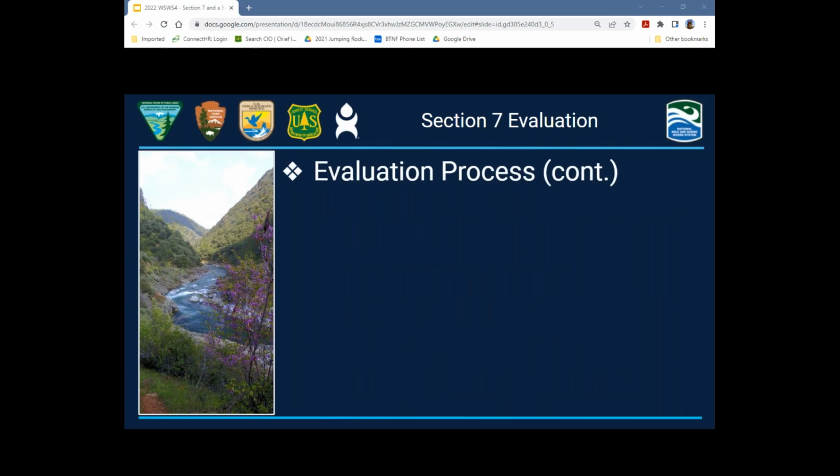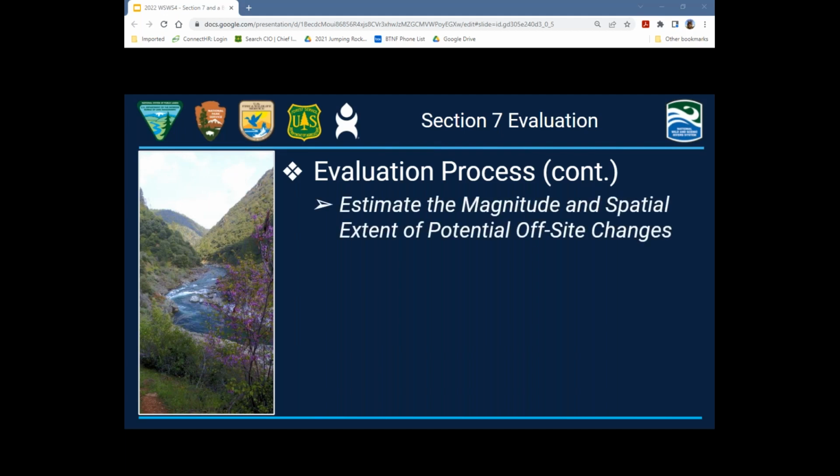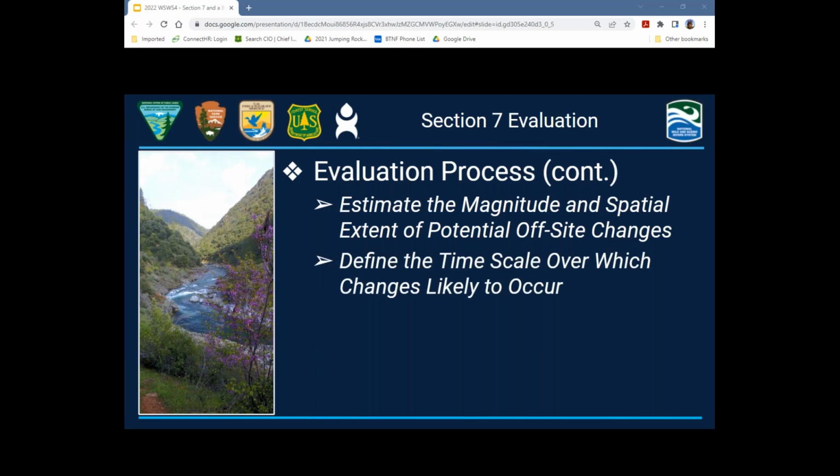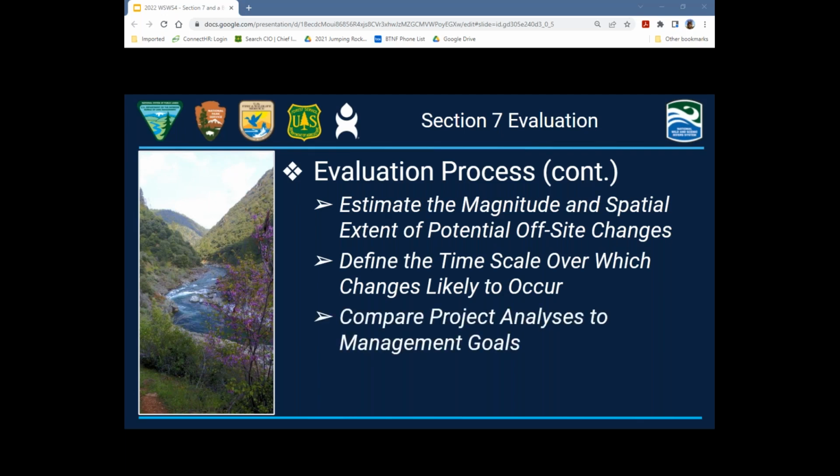The Section 7 determination should also estimate the size, scale, and scope of the potential offsite changes that will occur. It should estimate the time scale over which these changes occur and the consequences of these actions and effects. It should compare the project effects to the management goals, the ORV's classification, and any other relevant direction for consistency in protecting river values.